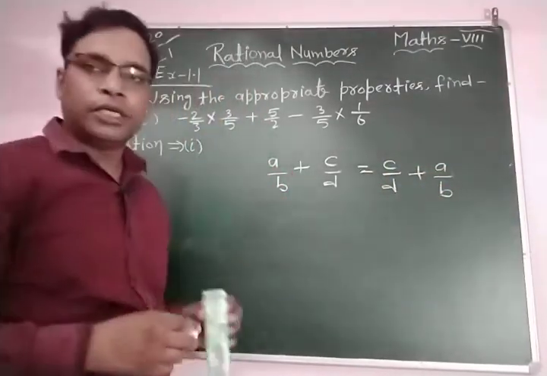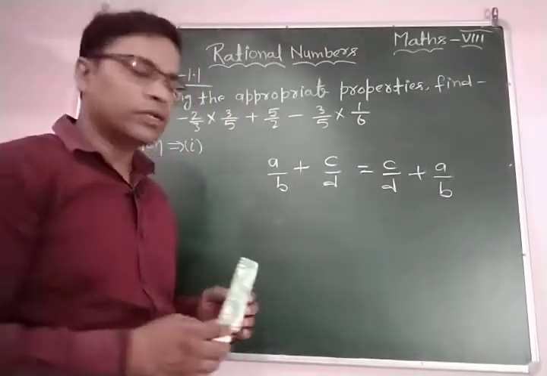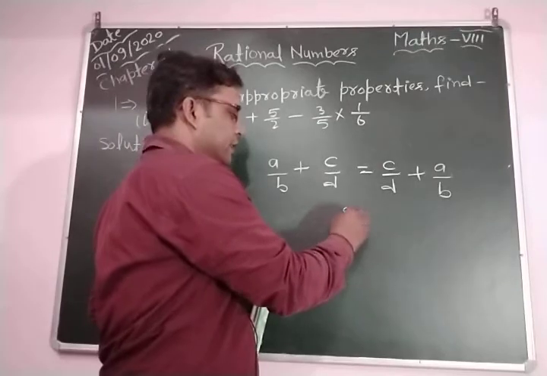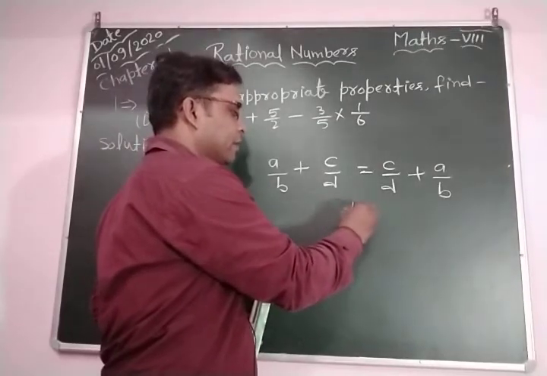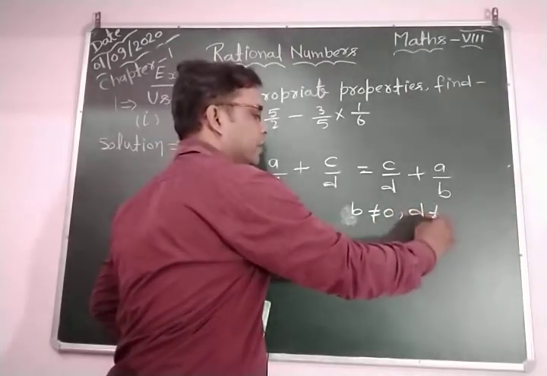This is called the commutative property of rational numbers. In this case b does not equal 0 and d also does not equal 0.